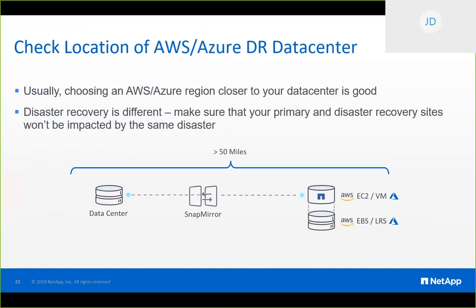For example, if your primary data center is in Washington, D.C., or in that area, maybe using the Northern Virginia AWS region makes a lot of sense for most of your AWS workloads, but perhaps when you're setting up your DR strategy, you want to put it in Ohio or somewhere a little bit further away, just so that you reduce the chance of the same disaster taking down both of your sites. That would certainly defeat the purpose.